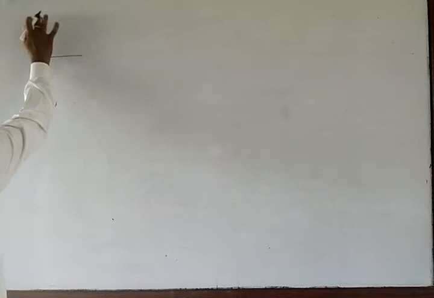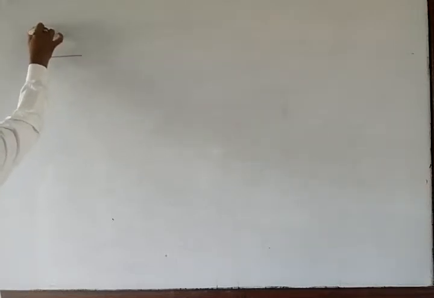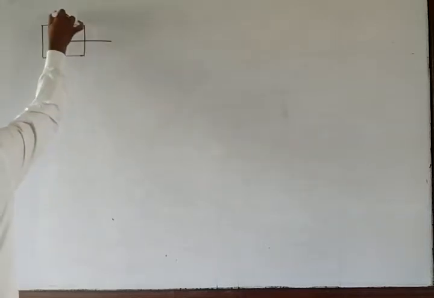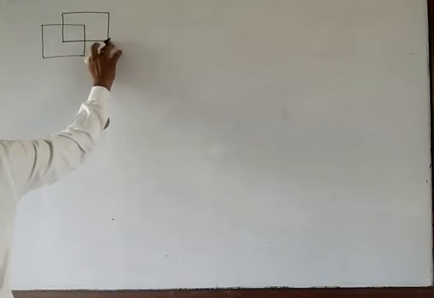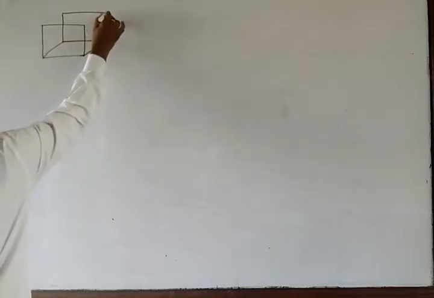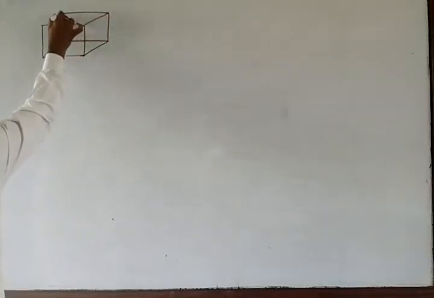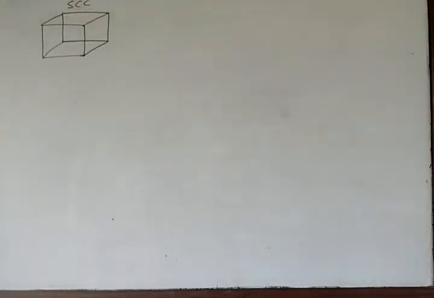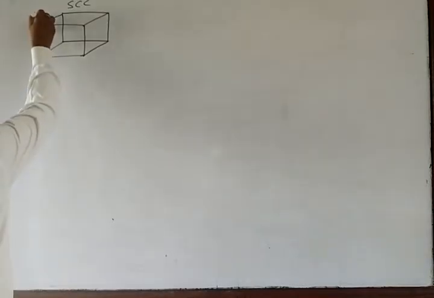If I draw a simple cubic unit cell, so this is a simple cubic unit cell. In this unit cell, we have atoms at corners only. Let us consider two atoms at two different corners.